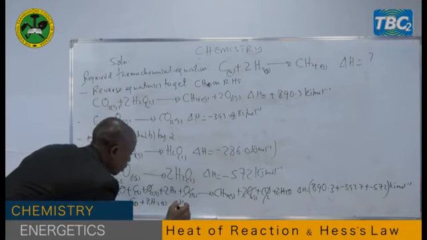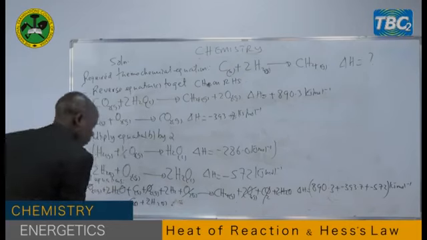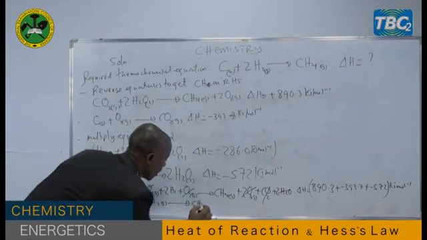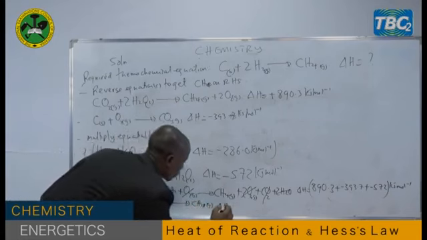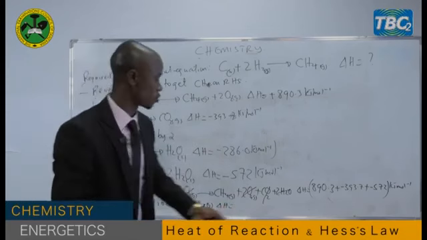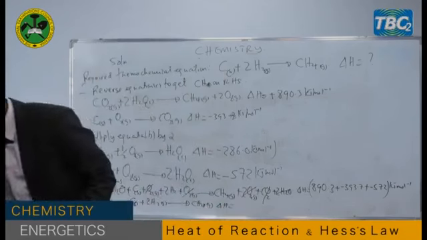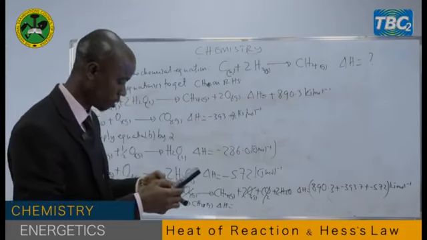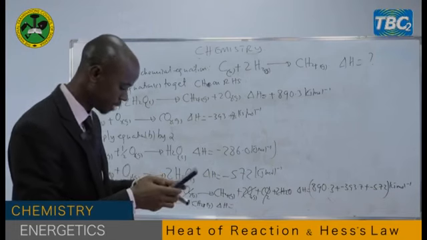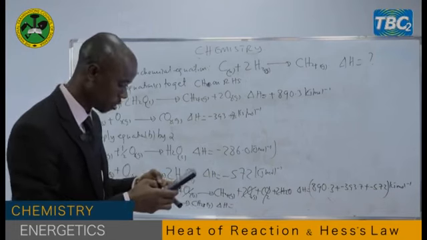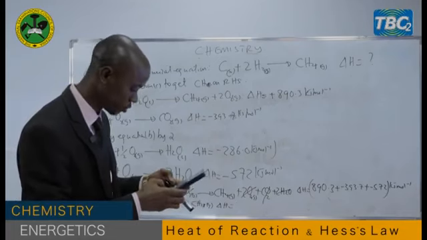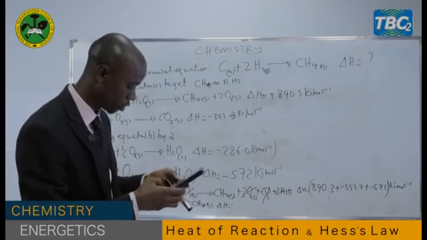To give methane gas, the enthalpy change for this reaction, you also sum the enthalpy changes given. You just use your calculator. That means you take 890.3 kilojoules per mole plus negative 393.7 kilojoules per mole plus negative 572 kilojoules per mole.